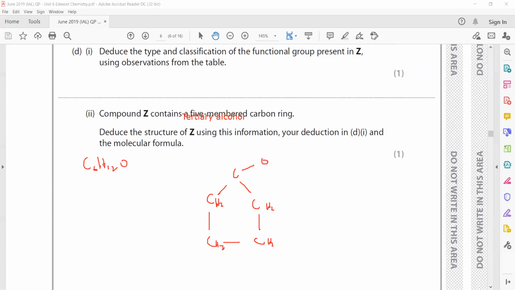If I attach OH with this one and another CH3, that will make it tertiary because the carbon bonded with OH has 3 alkyl groups. So this will become a tertiary alcohol, which is also cyclic as shown. So this is a third isomer of C6H12O.